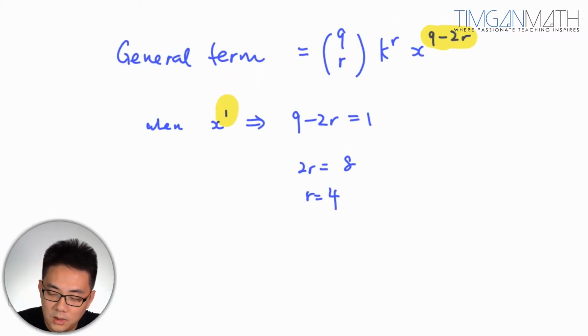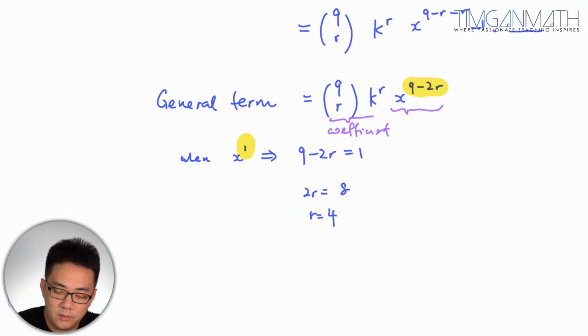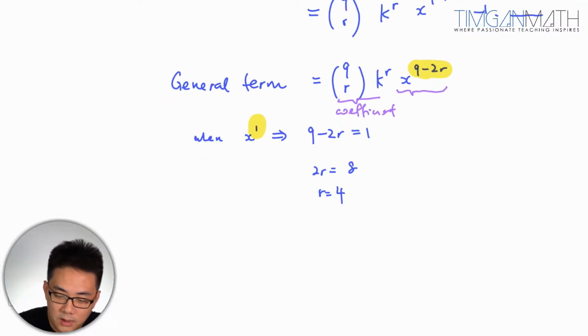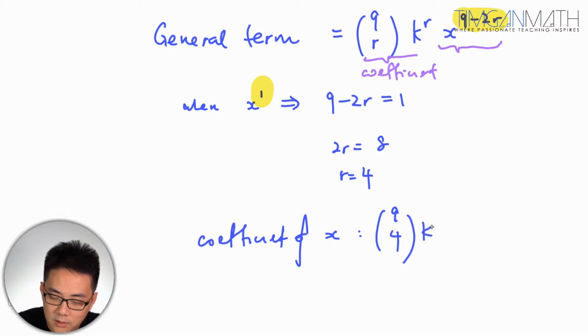Okay, so this front part is the coefficient, the x to the power whatever you want to decide. You can safely write coefficient of x would just be 9 choose 4, because r is 4 and k is 4.